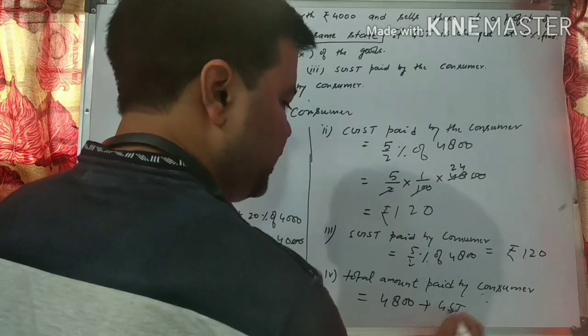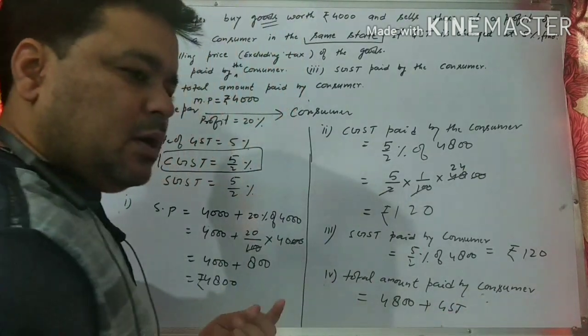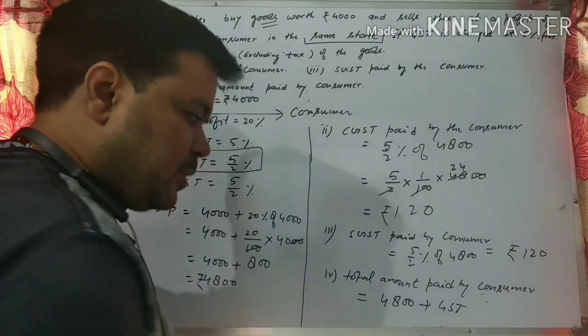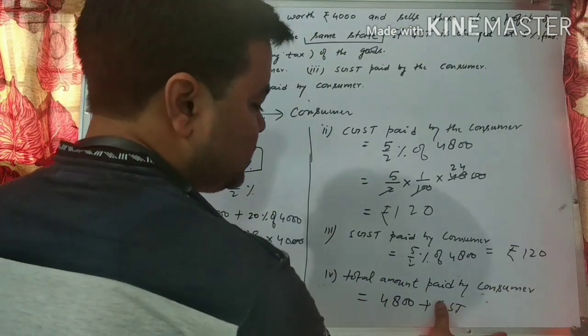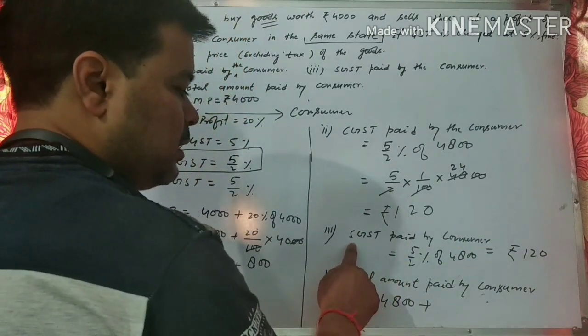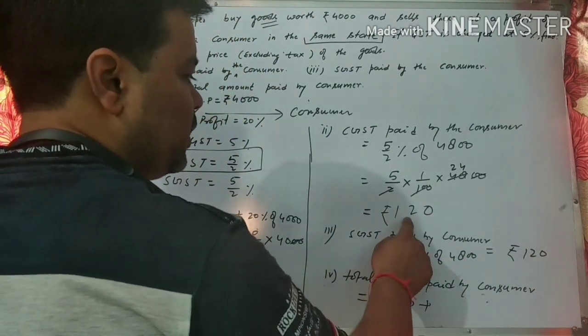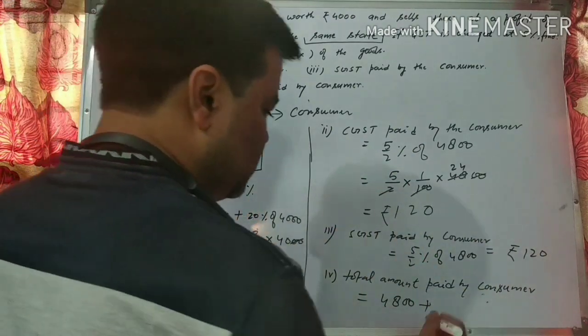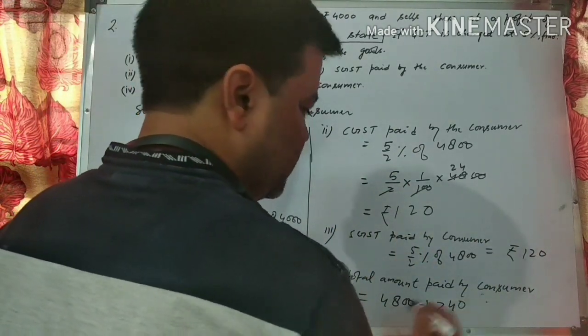Means GST under the central government and state government, or simply we can write GST. And what is the amount of GST? 120 for SGST and 120 for CGST. And if we include both, it will be 240.